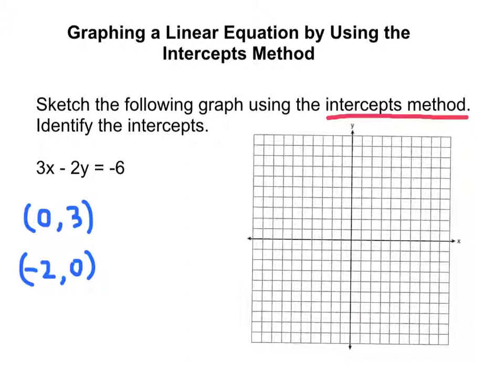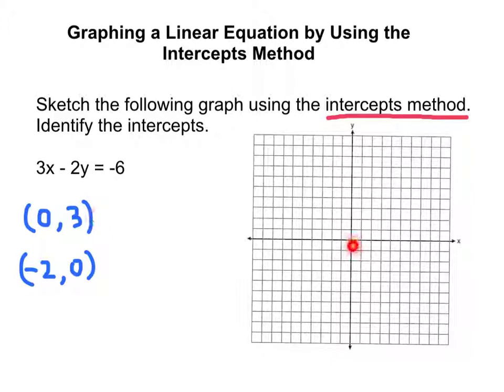The last thing you're going to want to do is plot the 2 points that you have just found on the axes. Notice I didn't label either of them in terms of which intercept they were. If you figure out where they're placed, you can figure out which intercept they are by looking at your axes. I'm going to first plot 0, 3.